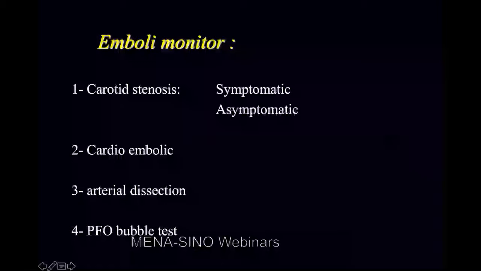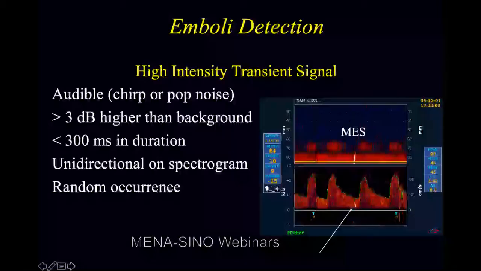There are several indications for emboli monitoring, and one of them is the presence of intracranial atherosclerotic disease. We already have criteria for the presence of emboli on TCD, and the M-mode helps us track the emboli to be sure it's a real emboli, not an artifact.